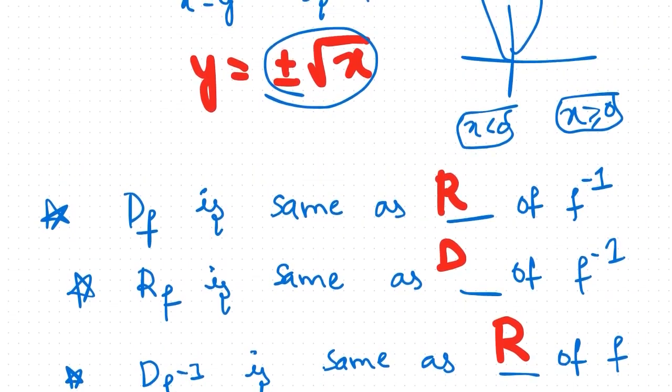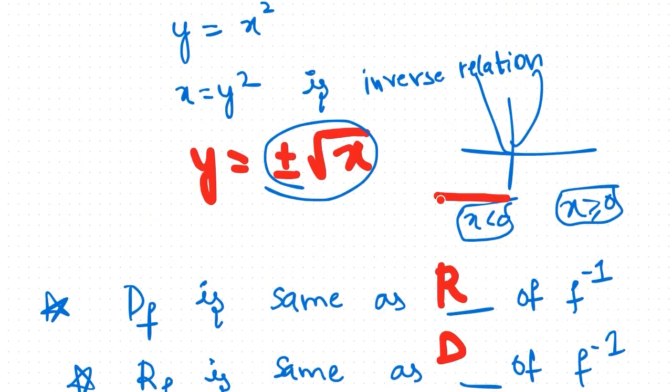So if you are considering this parabola, I told you that we need to consider specific intervals, correct? This and this. Let us study the first one. What is the domain of this function? x is less than 0. This is the domain of f.